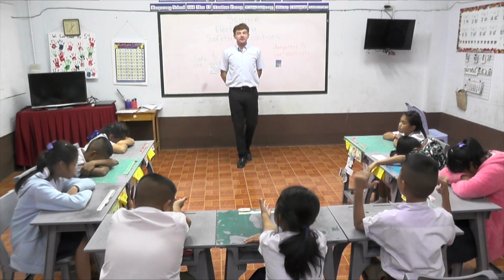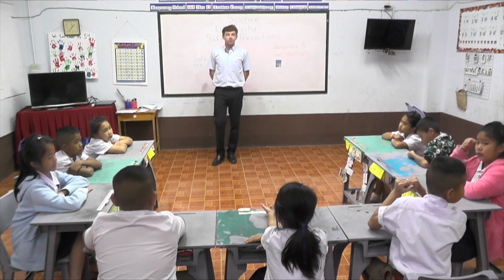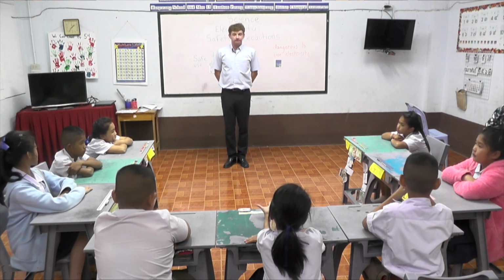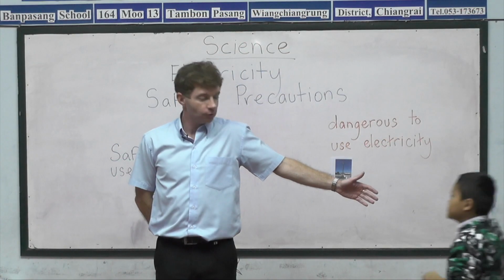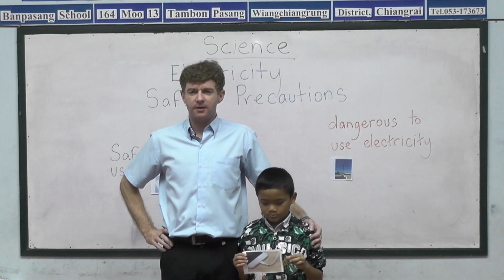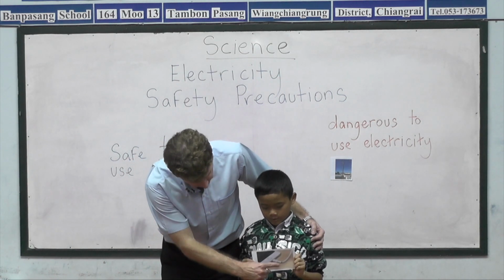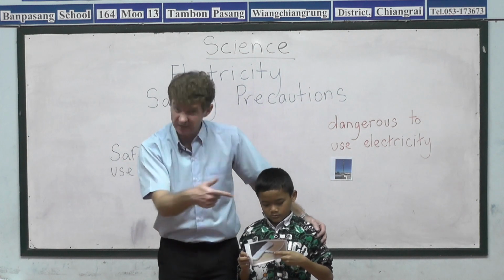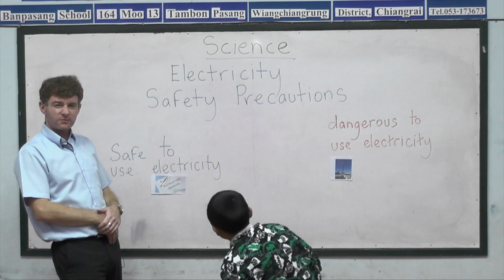Open your eyes, please, guys. Who has the flashcard? Chew, come and join me at the front of class. Show your friends your flashcards. Okay, have a look at the picture. What do you see? Telephone. But what's happened here? The lead, is this safe or dangerous?